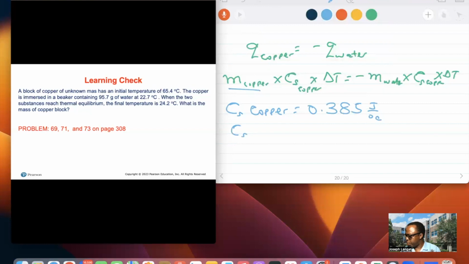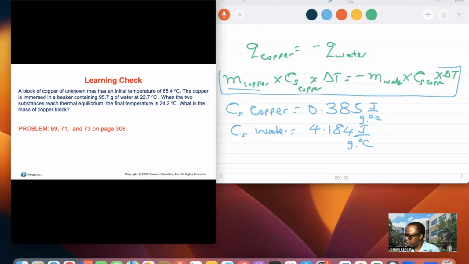Cs for water is 4.18 joules per gram degree Celsius, and this is grams, by the way. You need to have the specific heats so that you can plug into this equation right here.